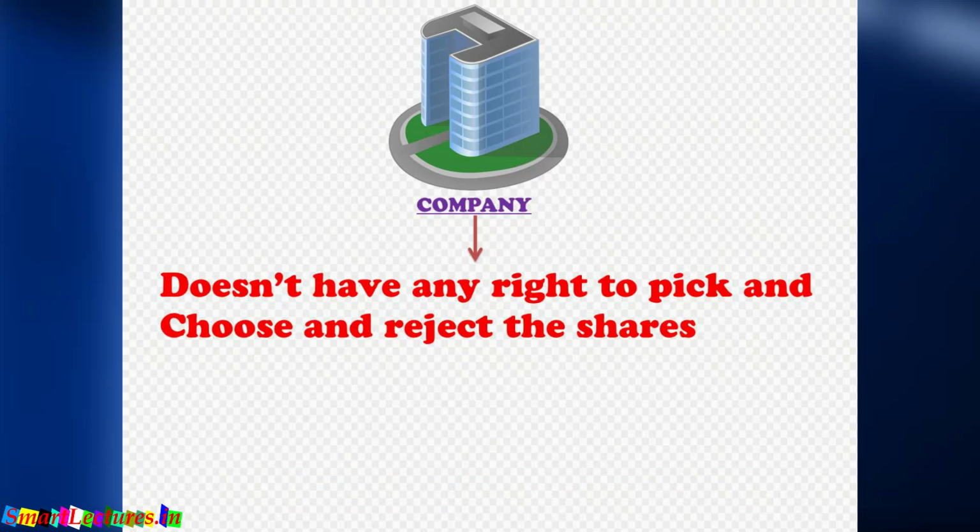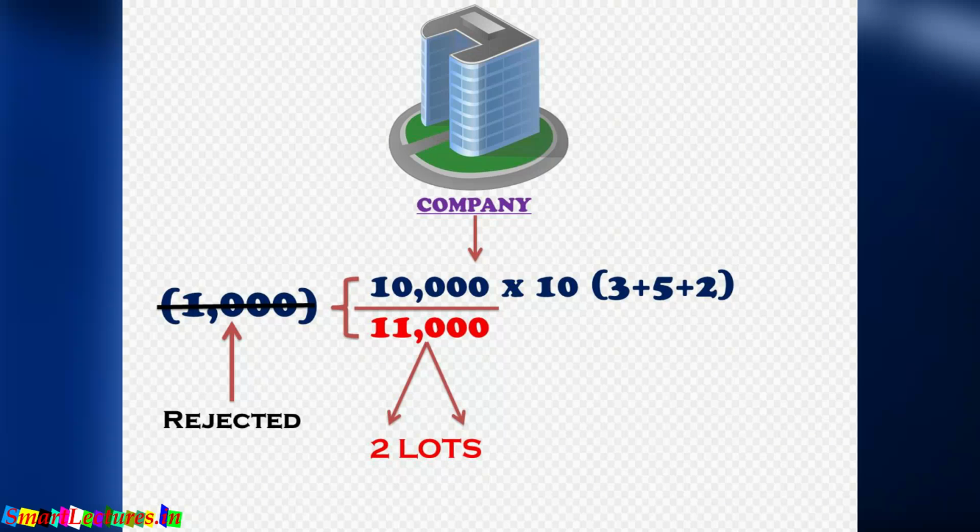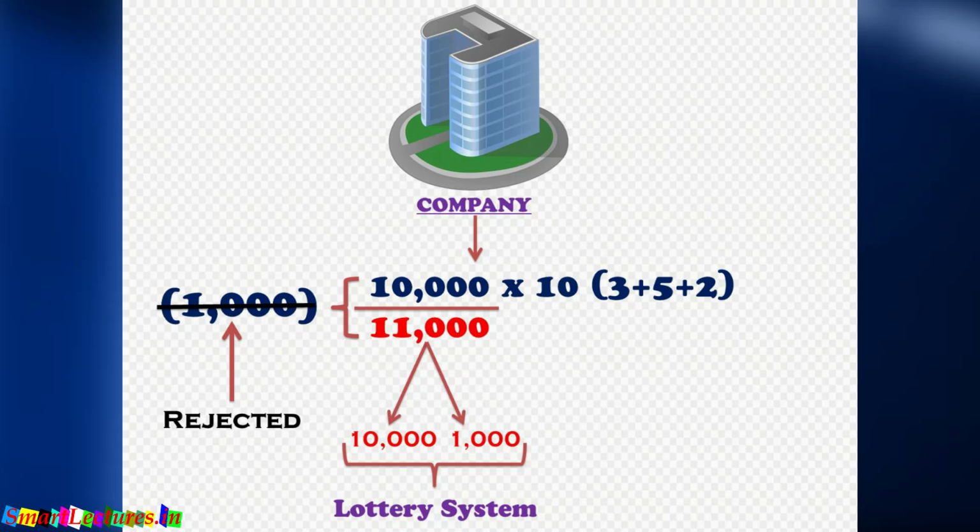The company doesn't have any right to pick and choose and reject the shares. In this situation, by lottery, 2 lots will be made for 11,000 shares. One lot will be 10,000 shares and the second lot will be for 1,000 shares. It all will be done on the basis of lottery.